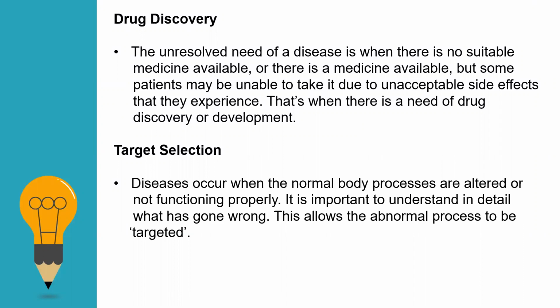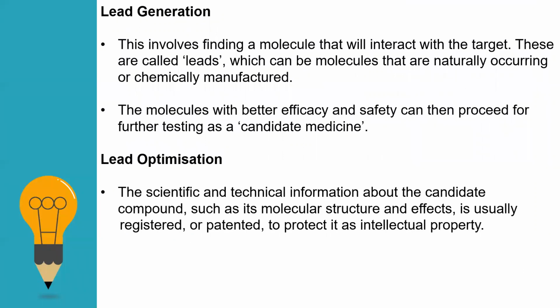Then we come to the lead generation. Lead generation is the third step involved. What is this lead generation? In this stage, you need to find out the molecule that reacts with the target. And that molecule is called the lead.